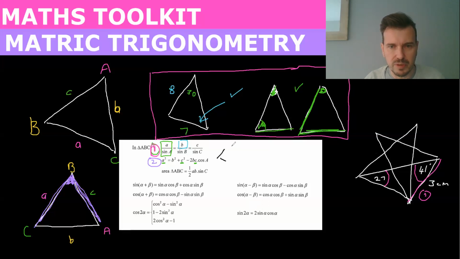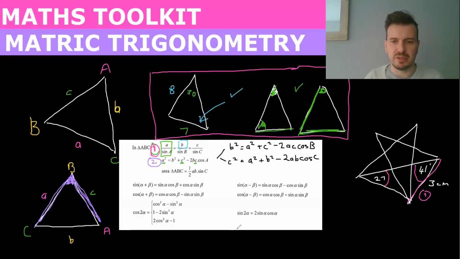It could also be B squared equals A squared plus C squared minus 2AC cos B. Or you could have it as C squared equals A squared plus B squared minus 2AB cos C. Okay, you can always check in the back, so it's not like you have to remember this, but it's good to know that you can interchange these.